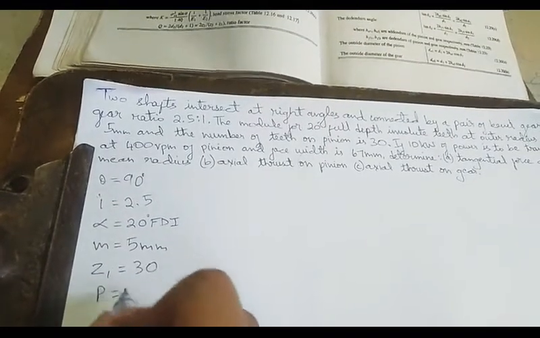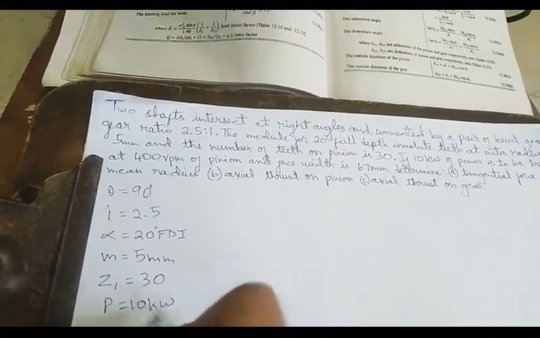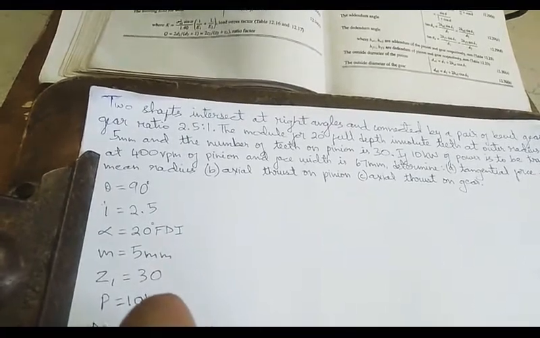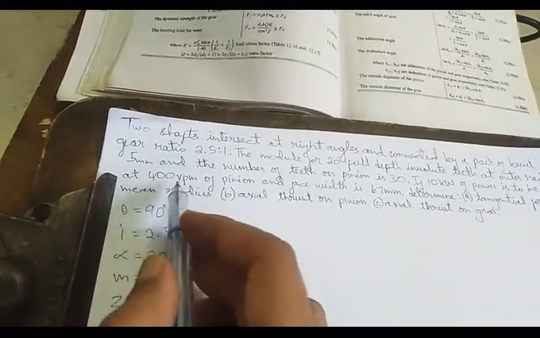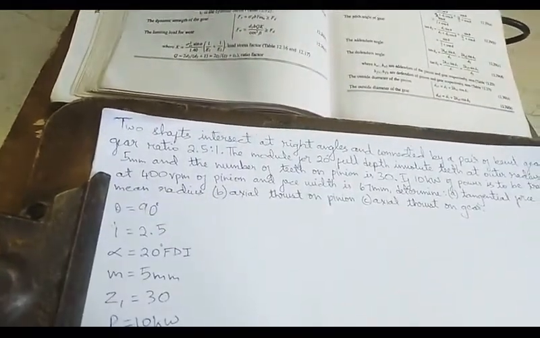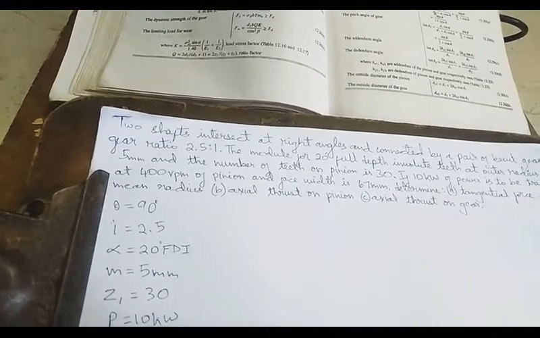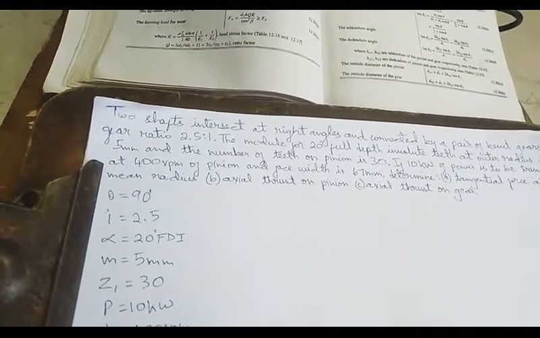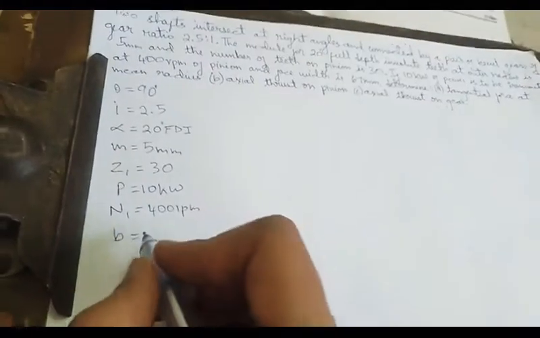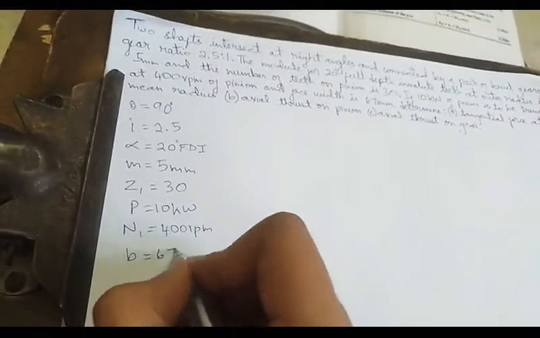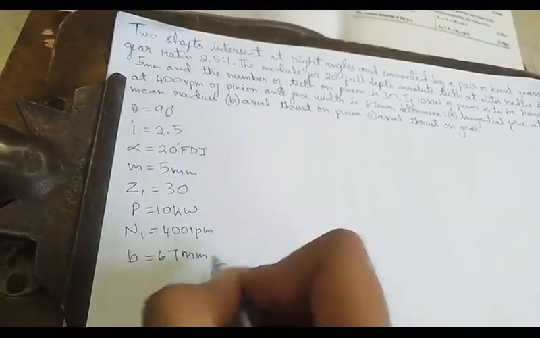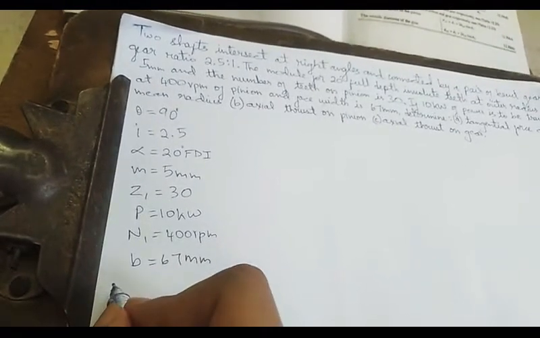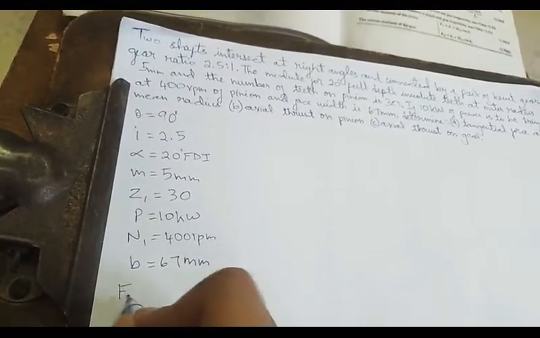Power is 10 kilowatt. N1, they have given 400 rpm of pinion. So N1 is equal to 400 rpm. And face width B is equal to 67 mm.